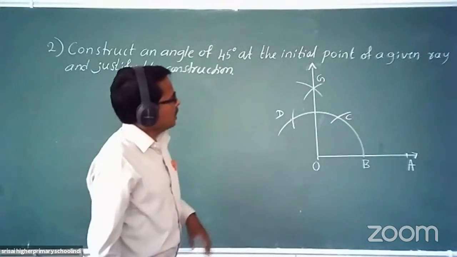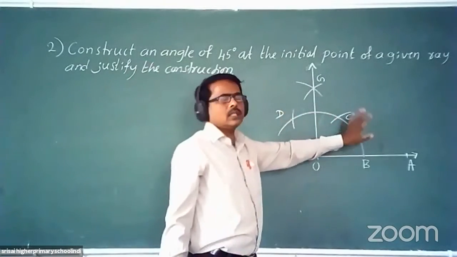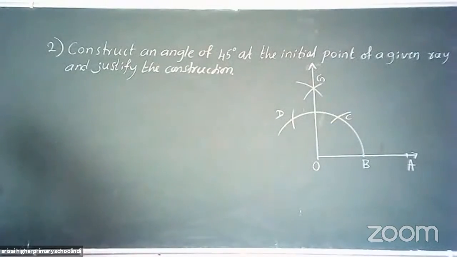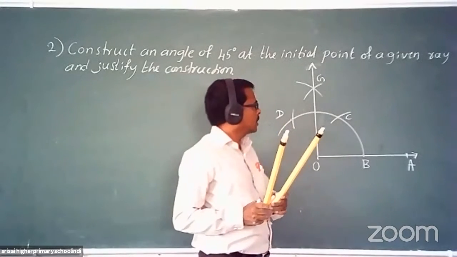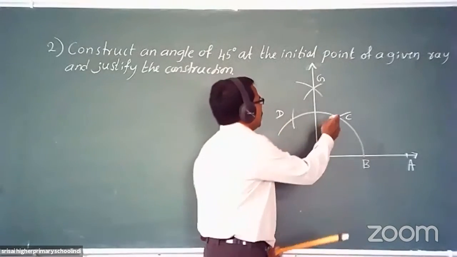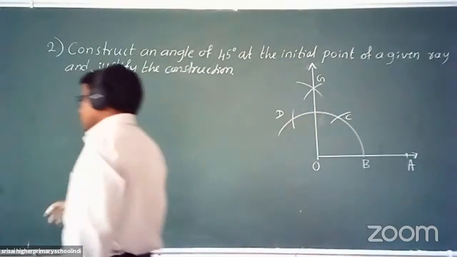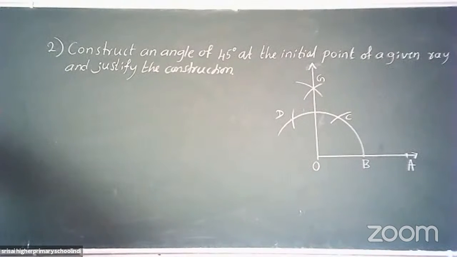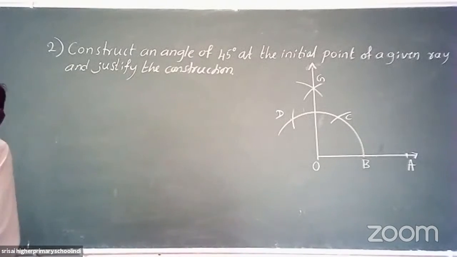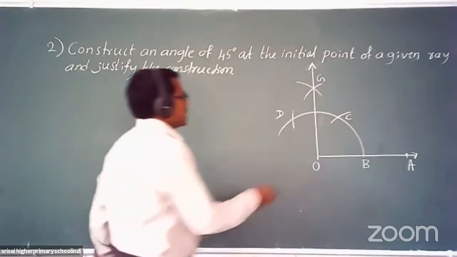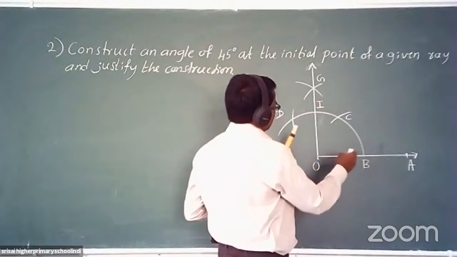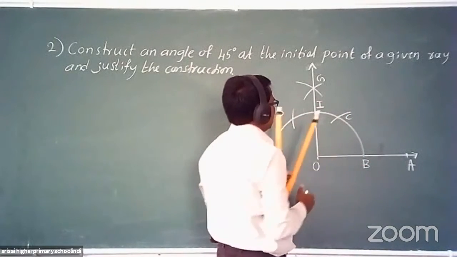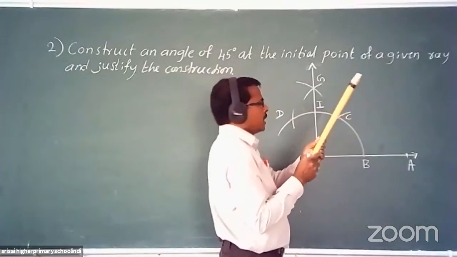Now we shall bisect this 90-degree angle. How to bisect this? Take your compass. You can call this point I. B, C, D, you can call F or something like that also.